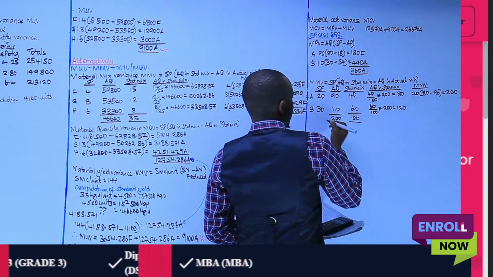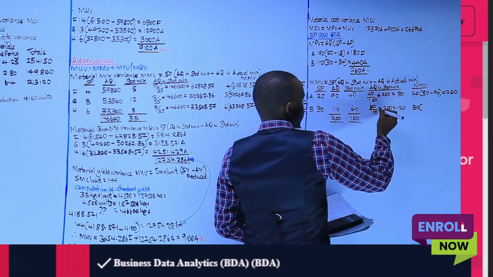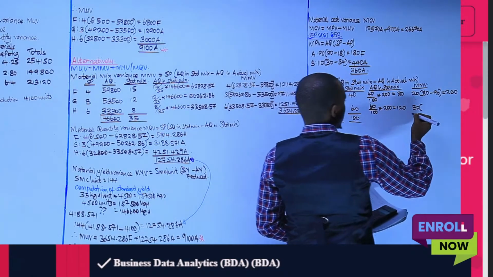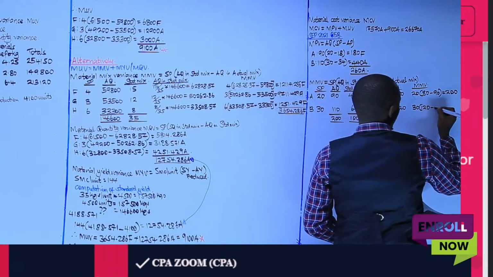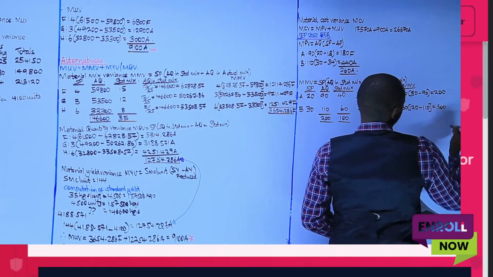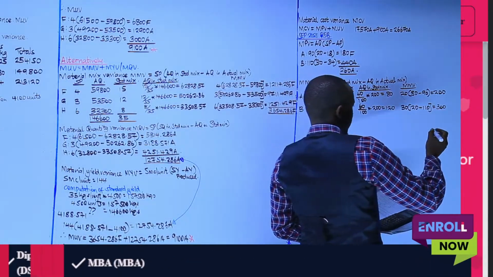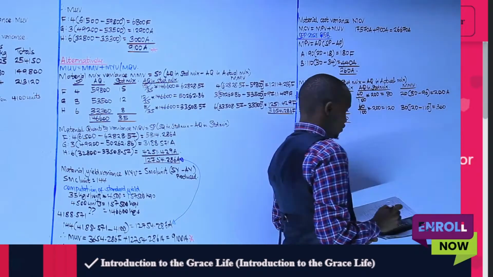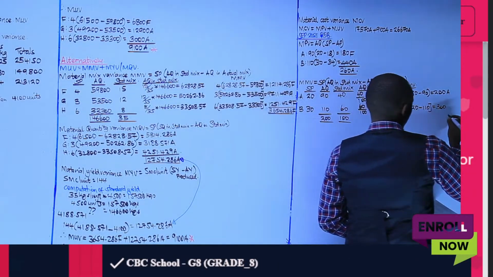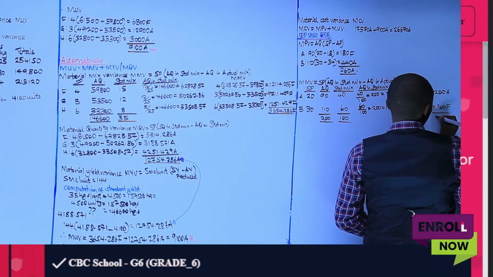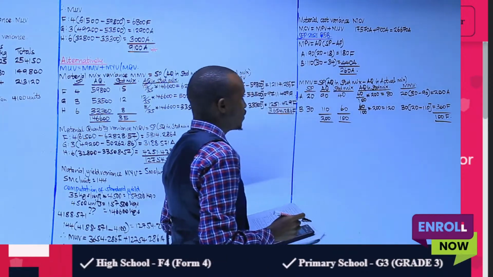Standard price of 30, actual quantity in standard mix of 120, actual quantity in actual mix of 110. This will be adverse, favorable. So in total, that will be 100 favorable.